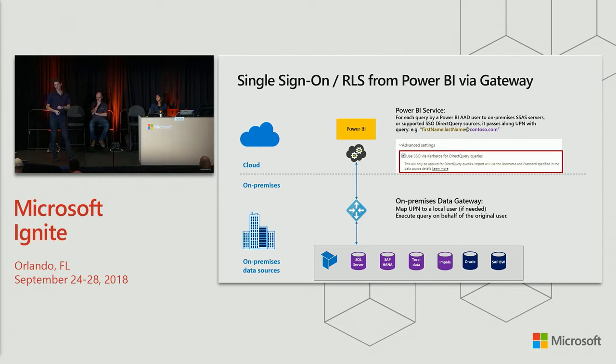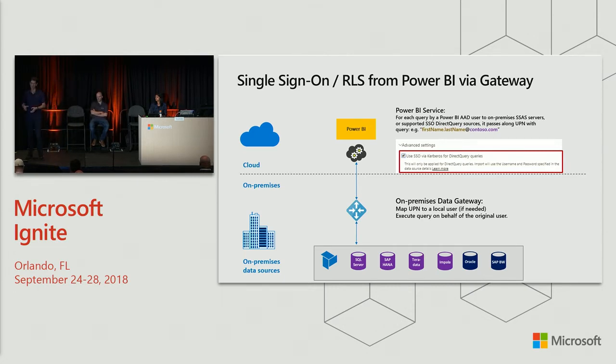Now, if this is configured for single sign-on, what's happening underneath is, and I show a screenshot of that configuration option, I will also show it live in a moment, we need to run a query against live systems that sit on premises, and we can transition that identity from Azure Active Directory to an on-premises Active Directory using Kerberos. That does not necessarily require that you synchronize your on-premises Active Directory with Azure Active Directory. We can also do it even without synchronization.